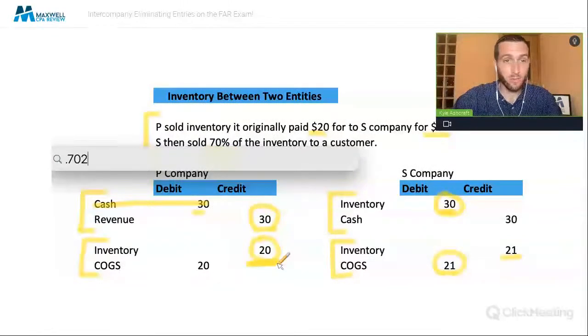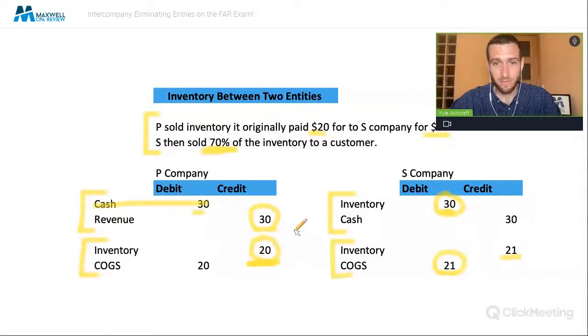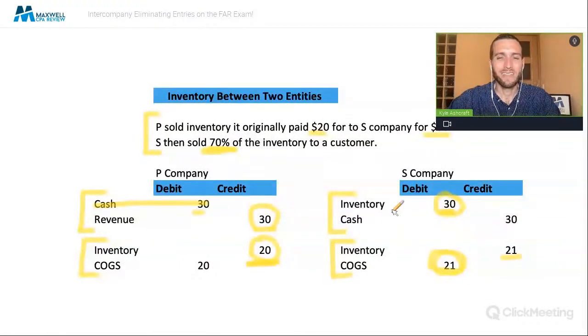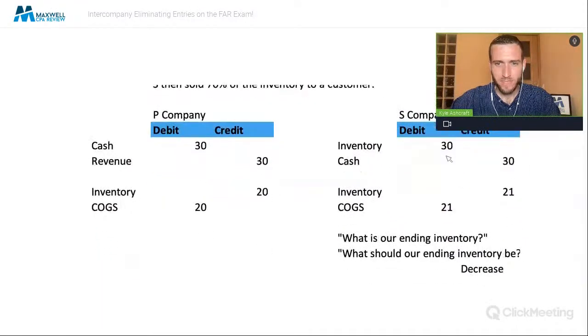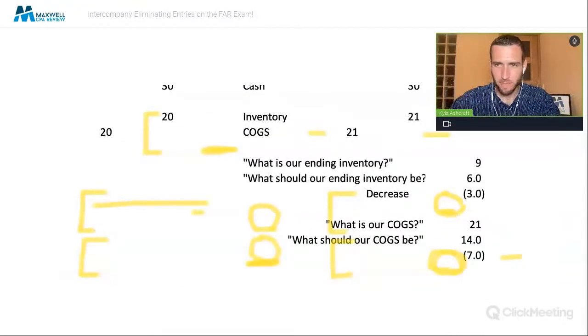And so you would have had $14 of cost of goods sold instead of this 21 that they have recorded here. So we're asking ourselves, what should it have been, and what is it recorded for? And the difference between that is what we are doing for our eliminating entry. So we have to ask this question right down here.